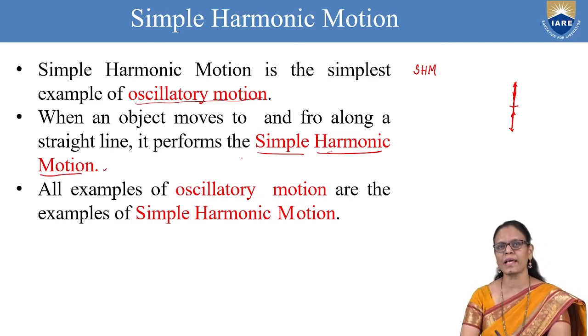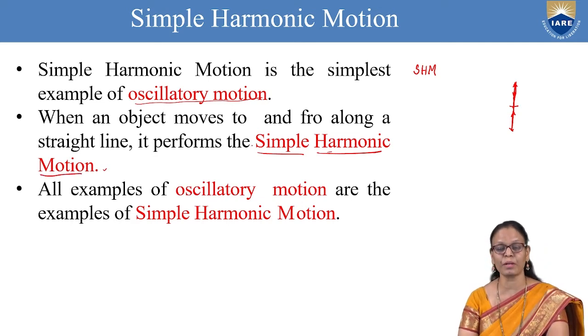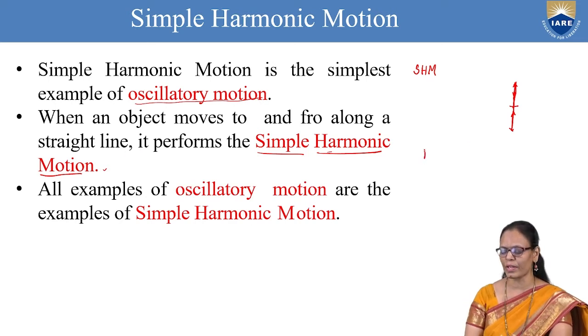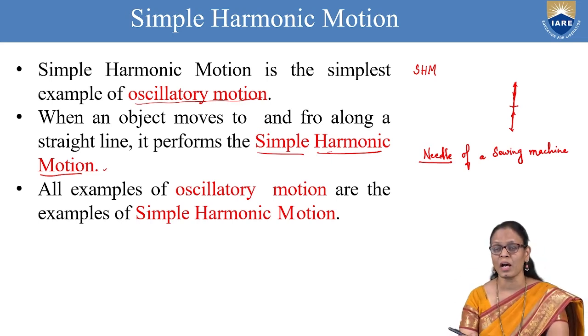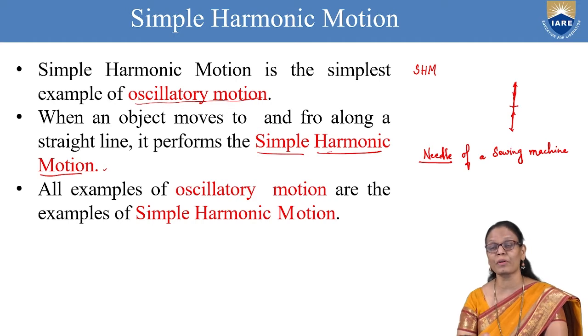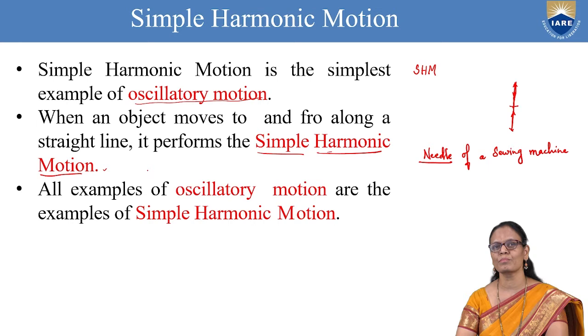The best example for the simple harmonic motion along a straight line is the needle of a sewing machine. You all know the sewing machine. So how does the needle move? It moves up and down about a fixed position or about the mean position. So we call it simple harmonic motion.